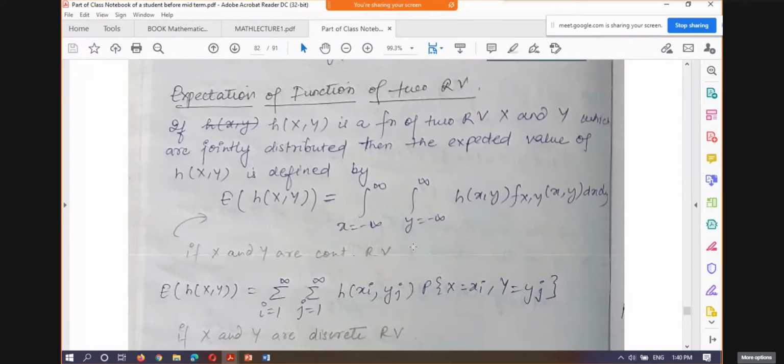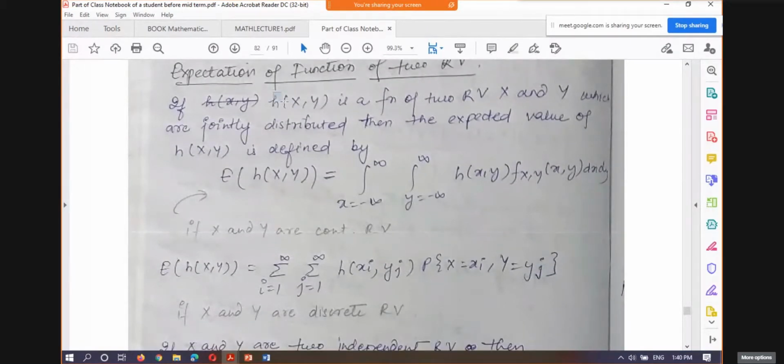Similarly, if x is a discrete random variable with probability mass function probability capital X equal to small xi, we can also use the formula. But here we have x and y as two random variables, and h of x,y is a function of these two random variables, which becomes another random variable. What is the expectation of this one?